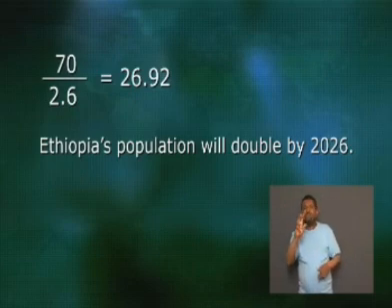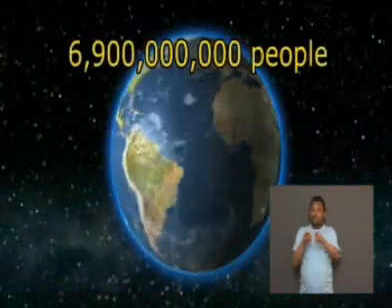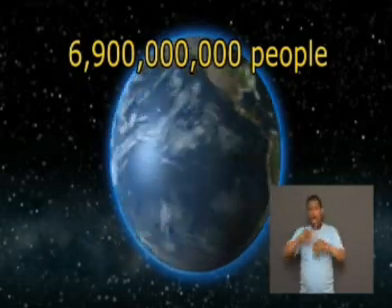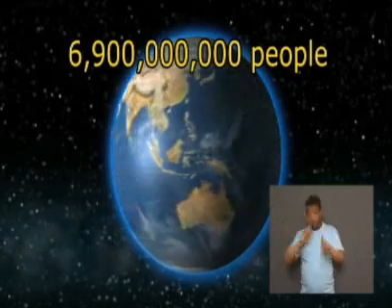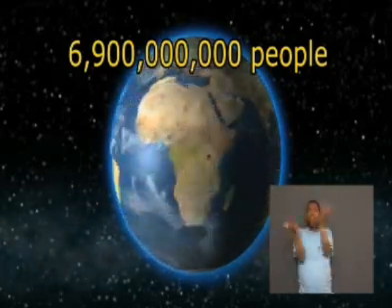Did you get the same answer, everyone? Great job! As of 2009, the world's population is about 6.9 billion people. Can you guess which continent has the most people living in it?